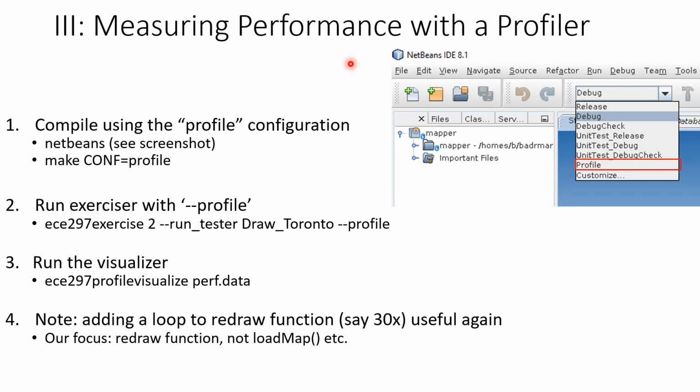It will output a file called perf.data, and we can then use visualization tools to visualize that data. You will also need to add a loop to the redraw function so that we are focusing on redraw, not the load map.